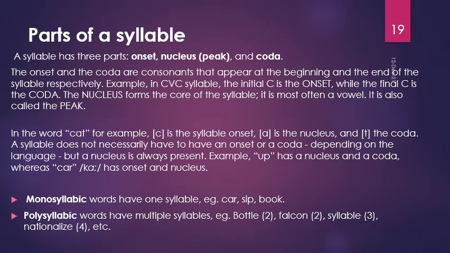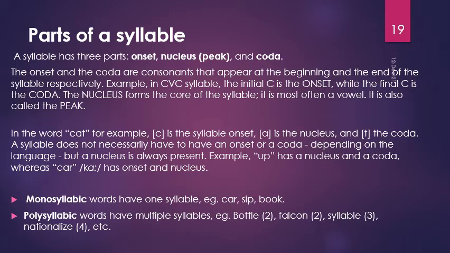Parts of a syllable. A syllable has three parts: the onset, the nucleus or peak, and coda. The onset and the coda are consonants that appear at the beginning and at the end of the syllable, respectively.